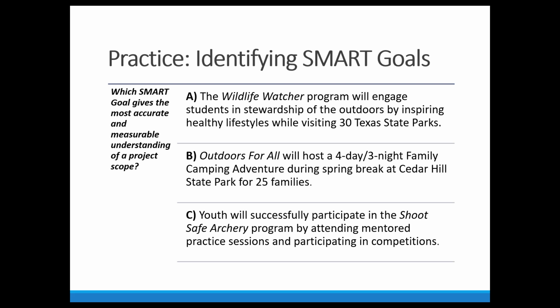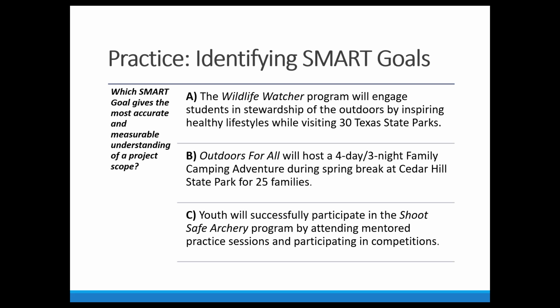I'm going to jump down to letter C. Youth will successfully participate in the Shoot Safe Archery program by attending mentored practice sessions and participating in competitions. So if we look at this goal and apply those same SMART goal elements, again, we're missing a couple things here. Really, the specificity, how many youth.